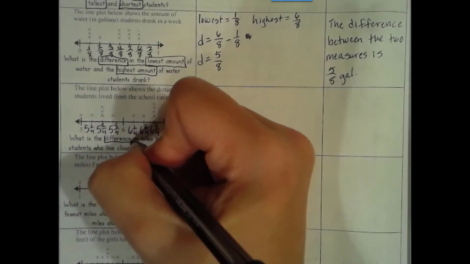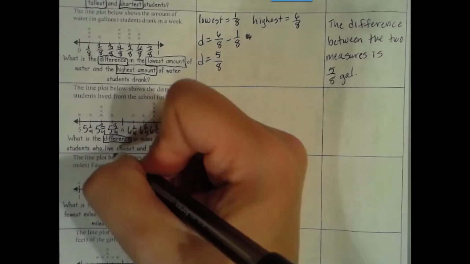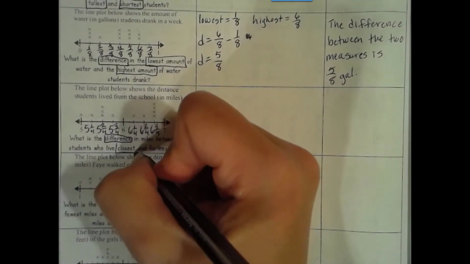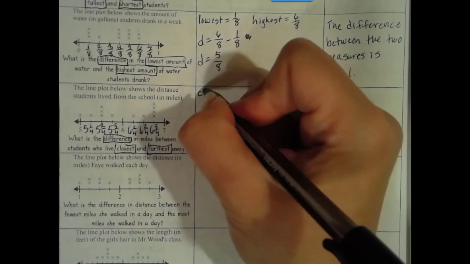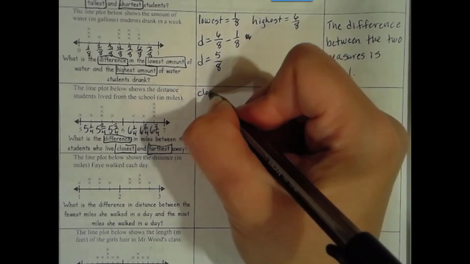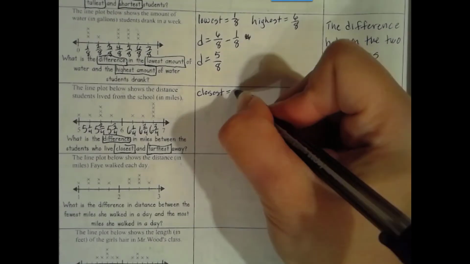What is the difference in miles between the students who live closest and farthest away? So the closest student lives 5 miles away.